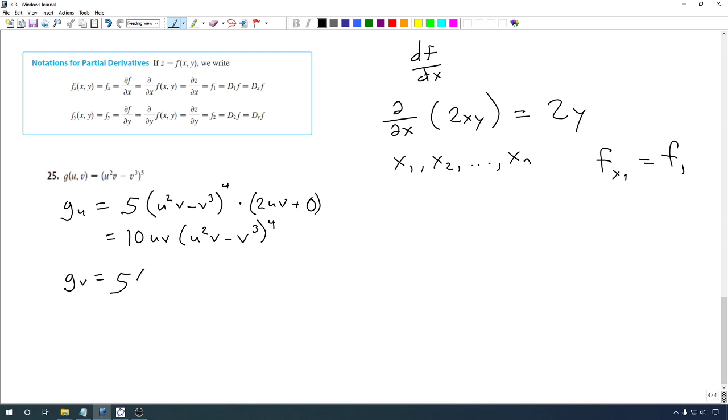We still have 5 times u squared v minus v cubed to the fourth power, but that is going to change what we have here. In fact, we could go ahead and write this out as the derivative with respect to v of this u squared v minus v cubed. Probably I should have written the respect to u up here like I'm doing here.